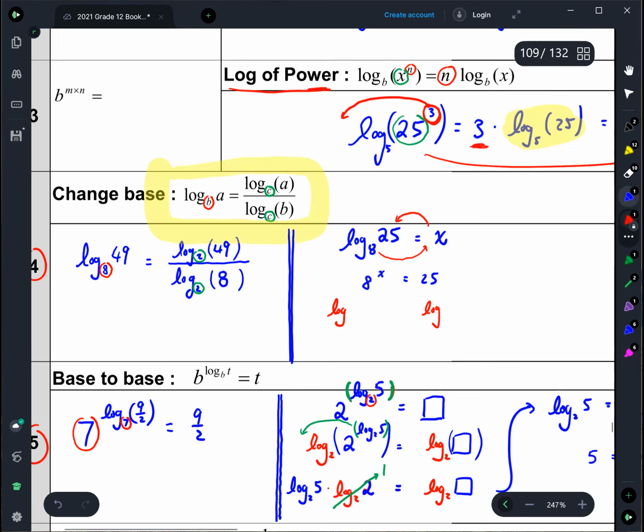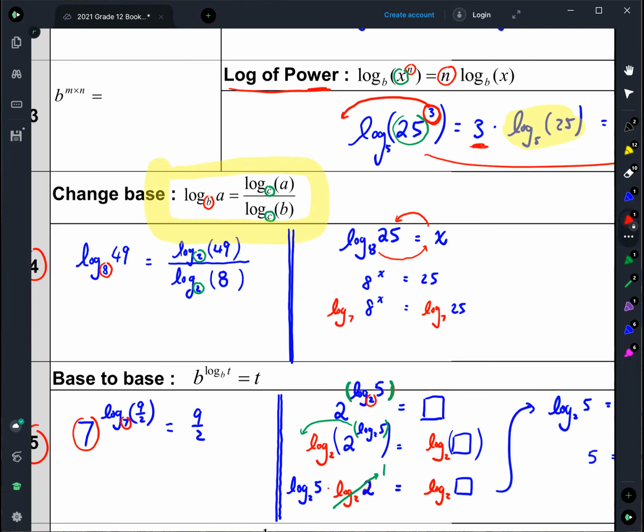When you take log, you can choose any base. I can choose base 7, if you like. You can choose base 10; if I don't write anything, it will be base 10. You can choose anything. Here I chose 7.